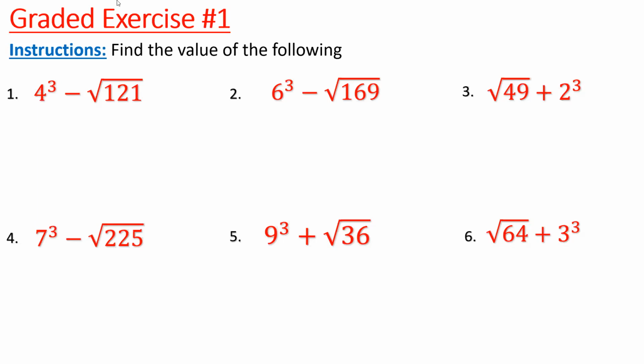I'm on number 3. I'm on number 4. Summer, what number you on? I'm on number 5. Number 5, okay. And Shekinah and Joseph, what number y'all on? Number 3. Number 3, okay.